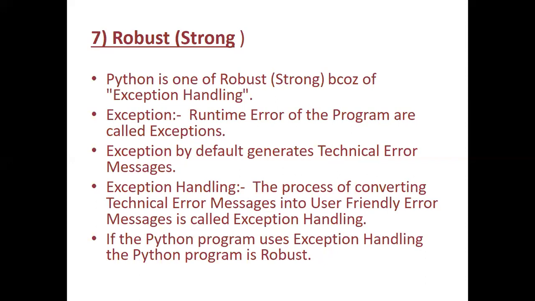Let's go ahead. It is a robust programming language. Robust means strong. Why is it called a robust programming language? Because of its exception handling. Now, what are exceptions? Exceptions are the runtime errors of the program. Whenever we run the program, sometimes it generates technical error messages.